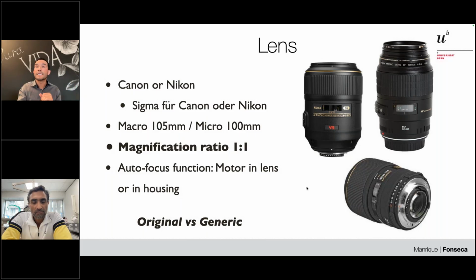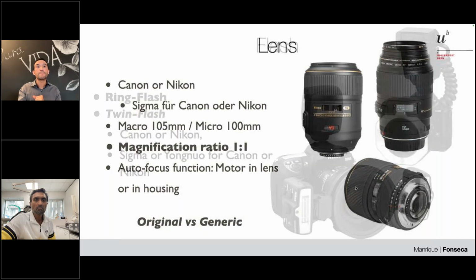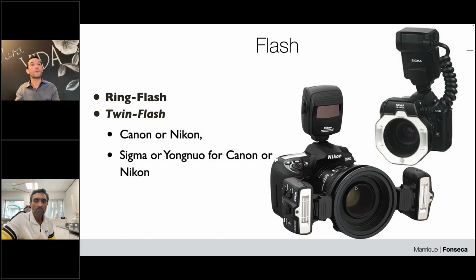The original ones are basically higher quality because inside, the lenses are made out of glass, and that is why they are more expensive to manufacture and therefore more expensive. The generic ones are mostly made out of plastic, and that is why they are cheaper. But both are very good in quality. They can do very nice pictures.